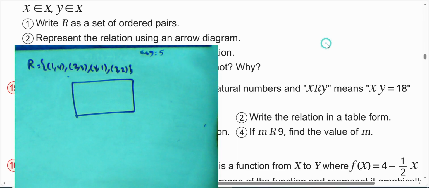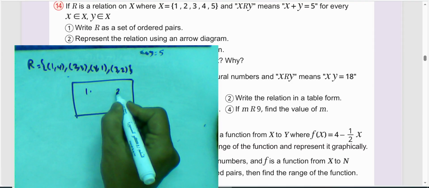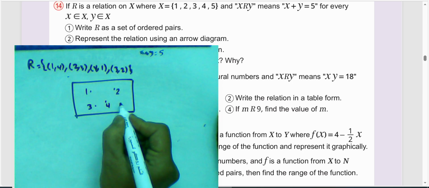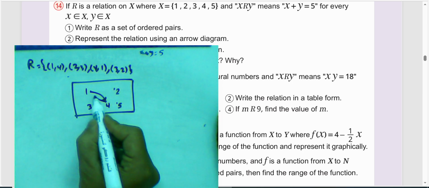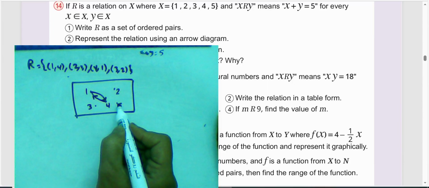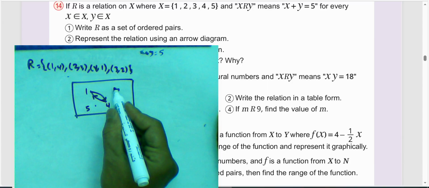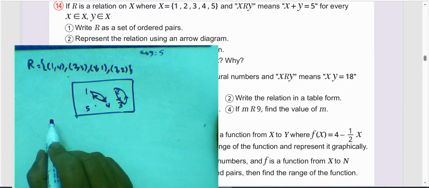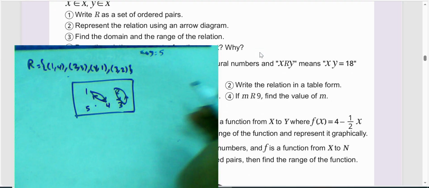Each element of set x, we have 1 to 5: 1, 2, 3, 4, 5. 1 with 4, and 4 with 1, 3 with 2, and 2 with 3. Okay, the summation equals 5.